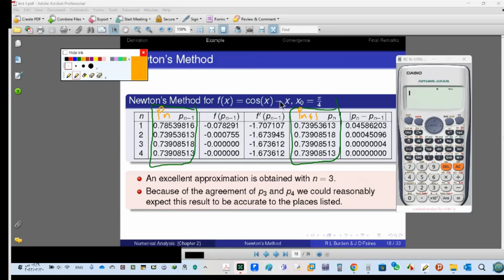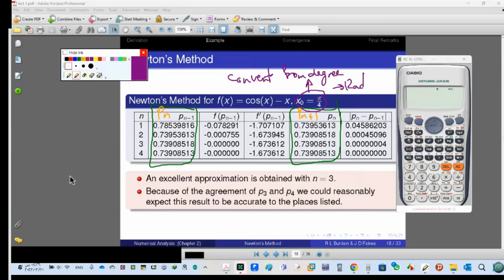Okay, this is the calculator. First of all, he told me x0 is pi over 4. So first thing, convert from degree to radian.